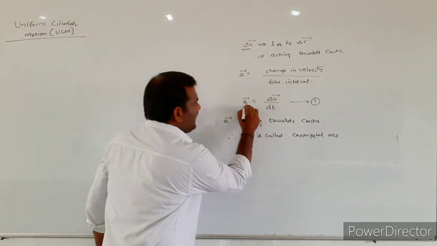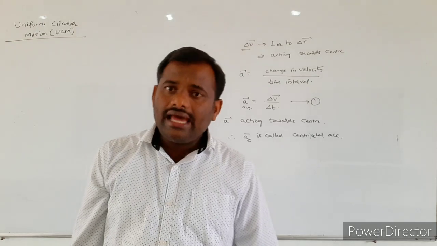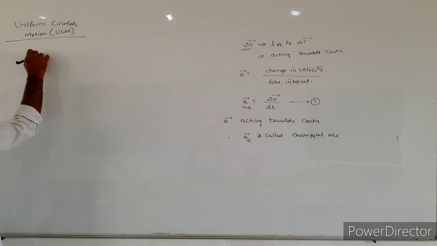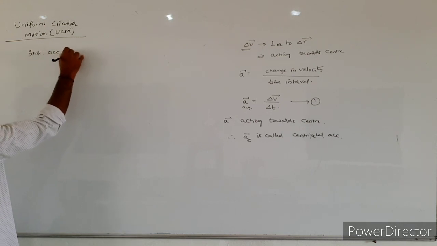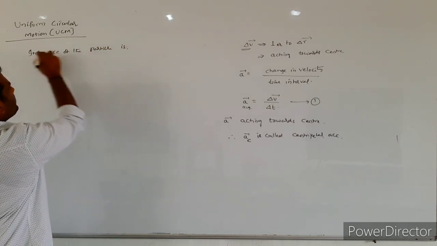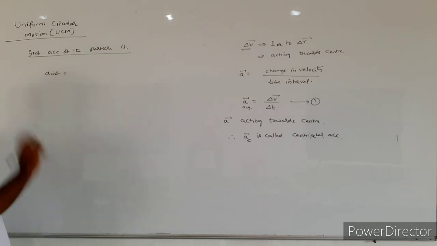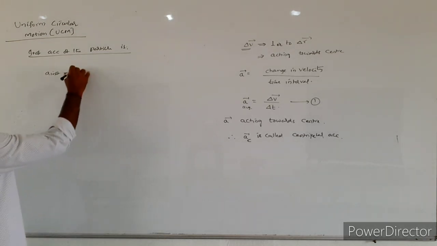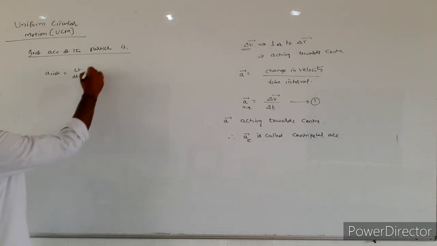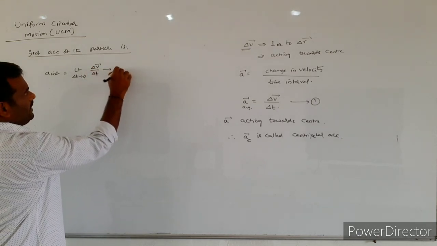Now, here this A bar is indicating the average acceleration. The instantaneous acceleration of the particle can be written as A instantaneous is equal to limit delta t tends to 0 of delta V bar by delta t.